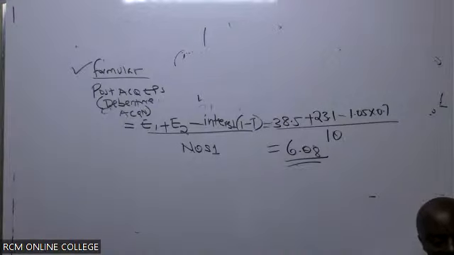Two decimal places is still good enough. So we are told here 38.5 plus 23.1 minus 1.05 times 0.7 equals. Don't say equals.